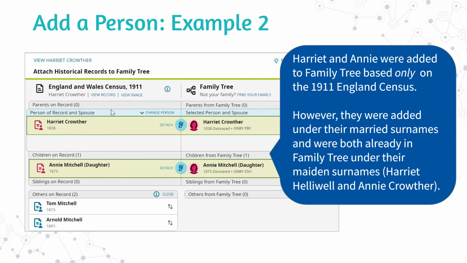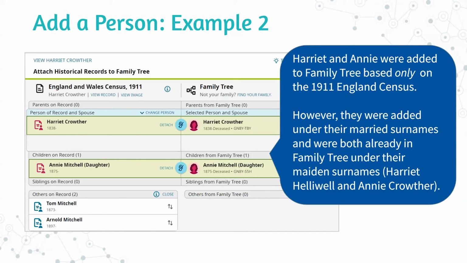But in the 1911 census, as it happens, Harriet was going by her married name, and so was her daughter Annie. Harriet's real maiden surname was actually Hellowell, and Annie's maiden surname was Crowther because she's Harriet's daughter. So both of those gals were already in Family Tree, so I had to merge the two people.